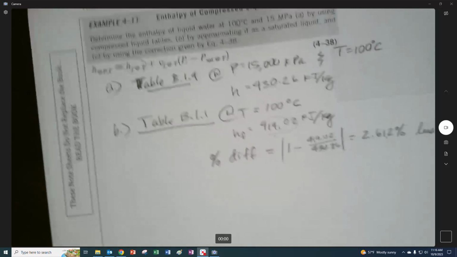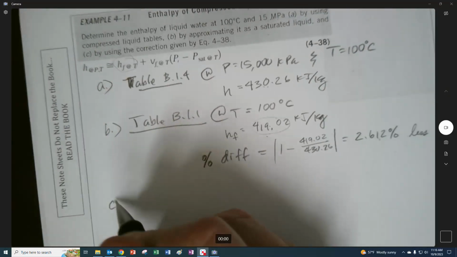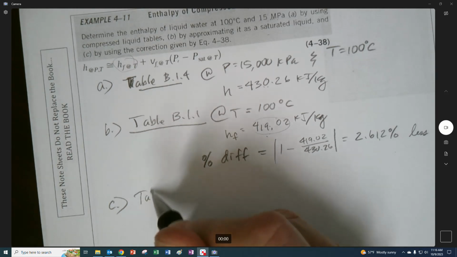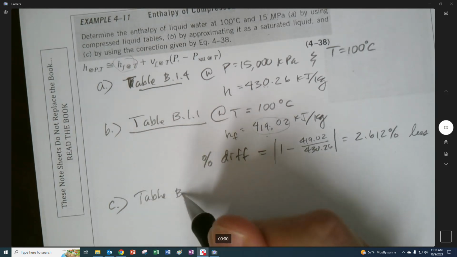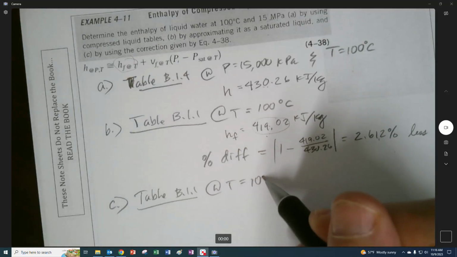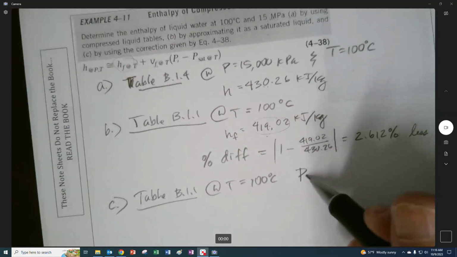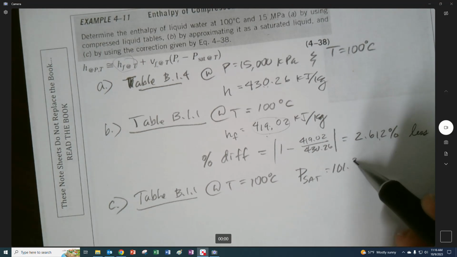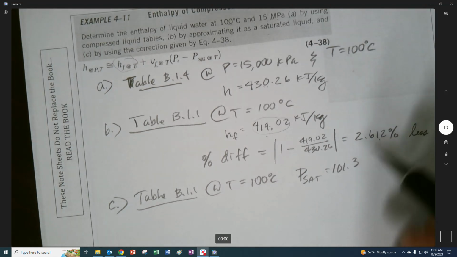Yeah, I think it's because the 10th edition has a slightly different table. They might have updated it. So updating my table B.0.1.1 at T equals 100 degrees Celsius, P sat, according to this, is 101.3. Boy, it really feels like I did something wrong.